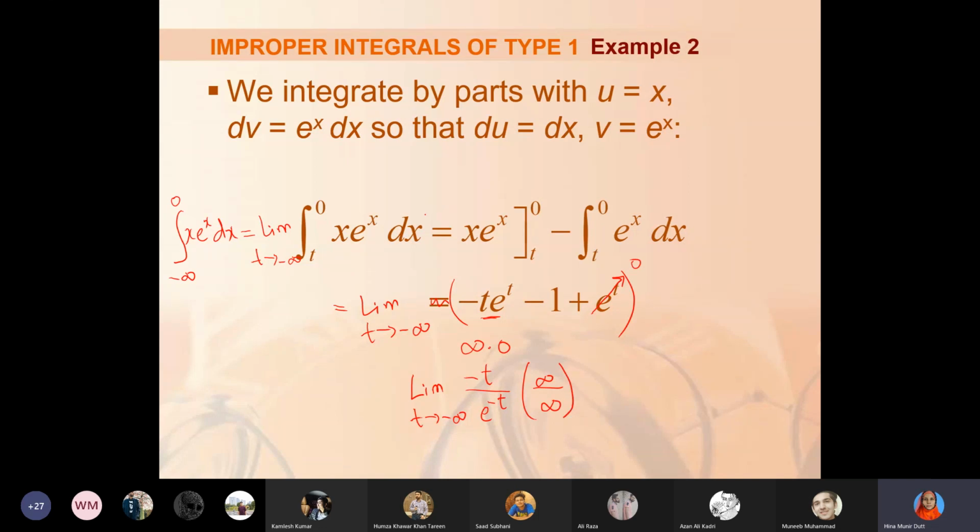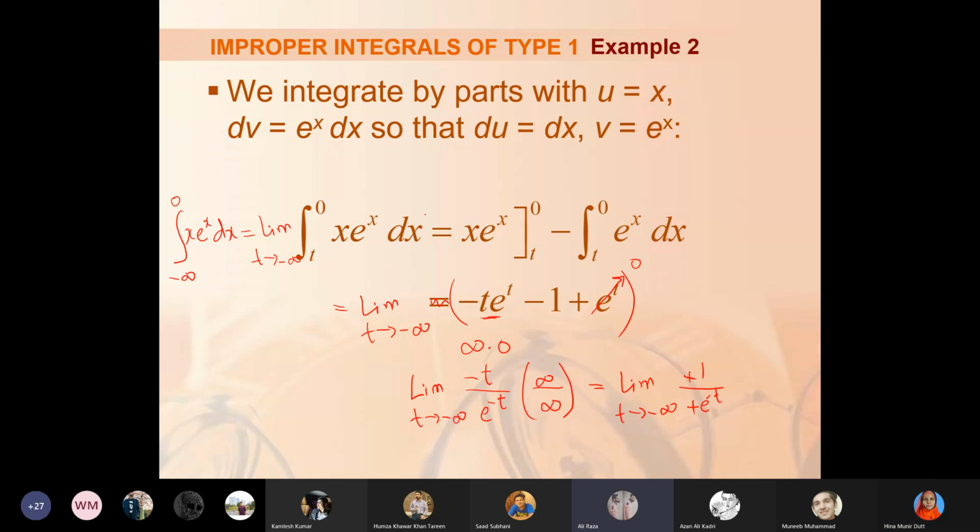Now I have to take the limit of this infinity over infinity form. So I can apply the L'Hopital rule. L'Hopital rule means I can take the derivative with respect to t. Derivative of minus t is -1, and derivative of e power minus t is minus e power minus t. This becomes plus. Now what's the answer?